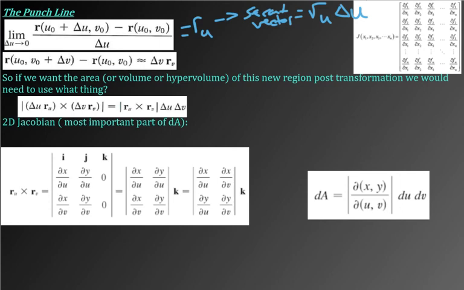And this goes back to chapter 12, I think. To get the area of a chunk in space like that, you just take the magnitude of the cross product, something we've seen before. And so the magnitude of the cross product is representing the area or the volume or the hypervolume of that new region post-transformation.